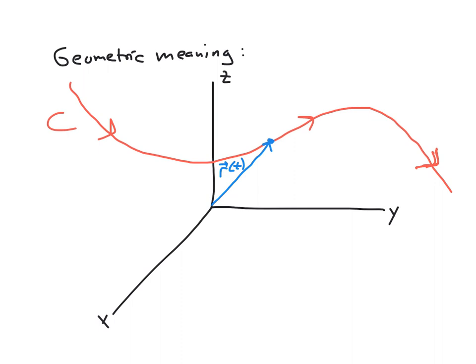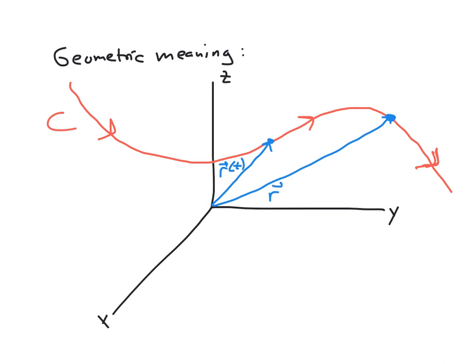Now the other vector that's in the limit definition of the derivative is r of t plus k. I want to think of k being a positive number here. Of course, k could be negative, and that's fine too. But if k is positive, and the curve is increasing in t from left to right, then r of t plus k is going to be some point on the curve that comes to the right of r of t. For example, maybe it's this point over here.